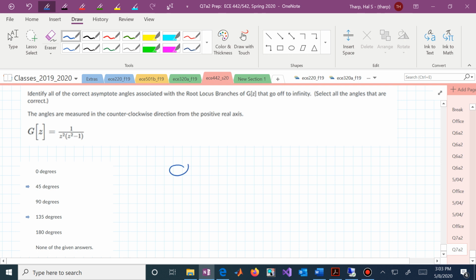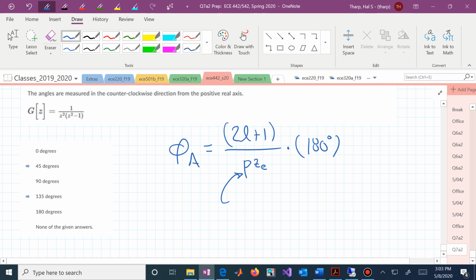We now know that our asymptote angles are 2L plus 1, or an odd multiple of our fundamental angle, which is 180 degrees divided by the pole zero excess. This pole zero excess is now the number of poles minus the number of finite zeros, or actually the zeros at infinity. This is now 4 minus nothing, or it's 4.